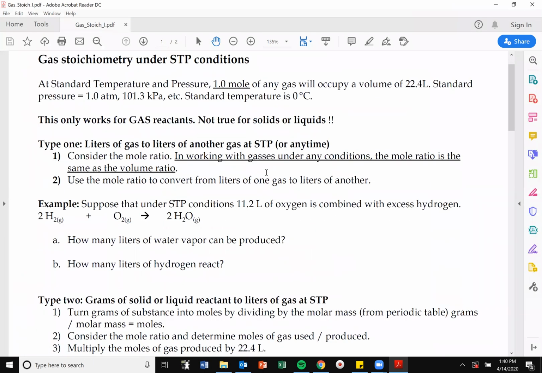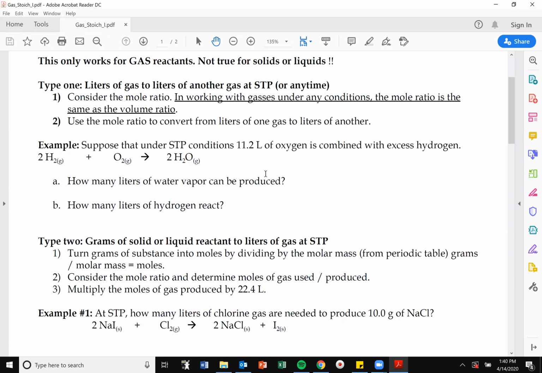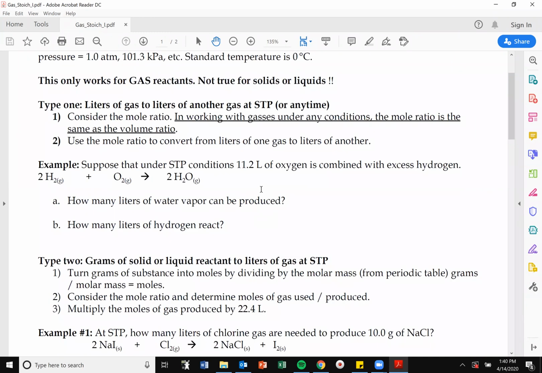All right, let me give some introduction and then we'll quickly go to how to do some of these problems.